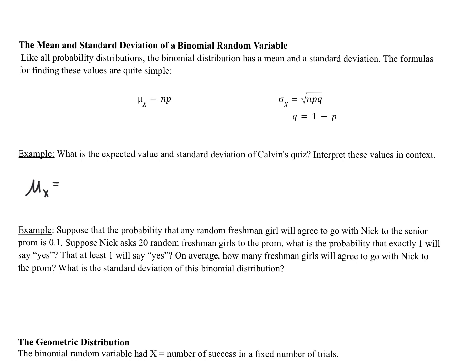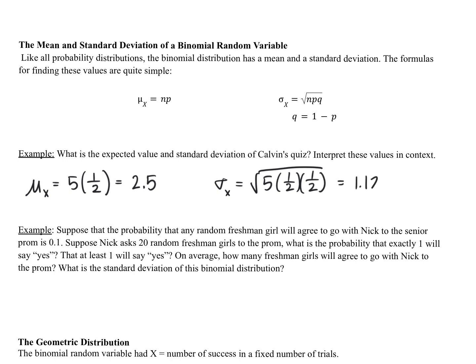And then how much does that typically vary by? So 5 times 1/2 is 2.5. And for our standard deviation, we do the square root of 5 times 1/2 times 1/2, which is 1.12.